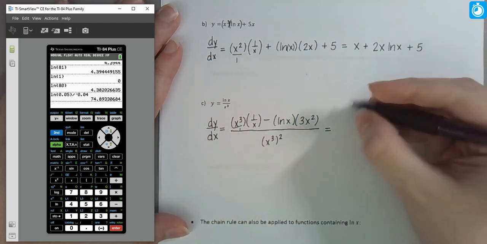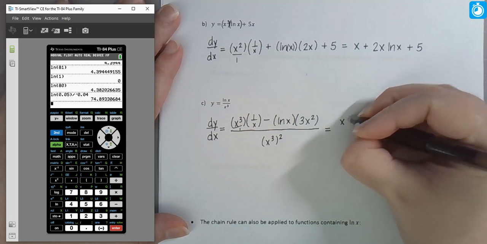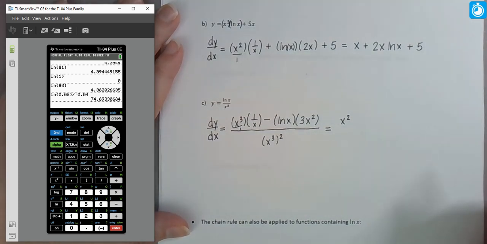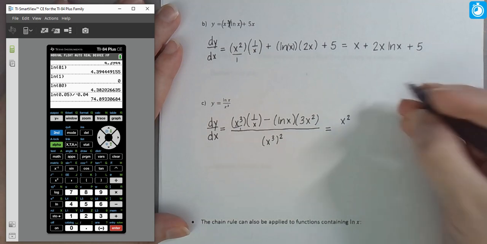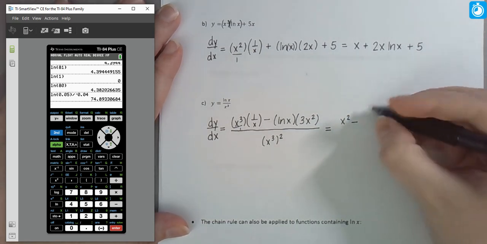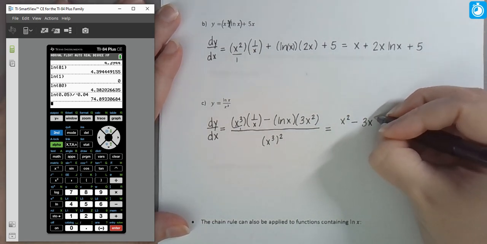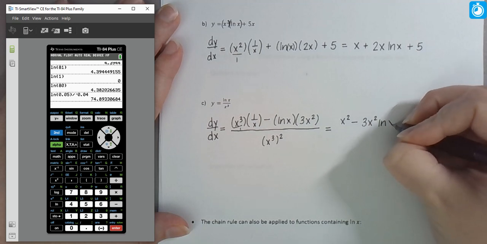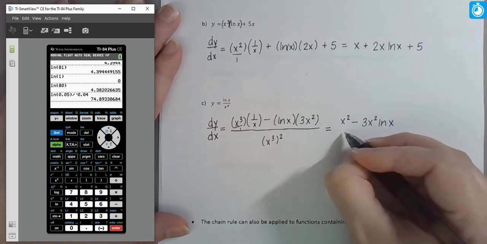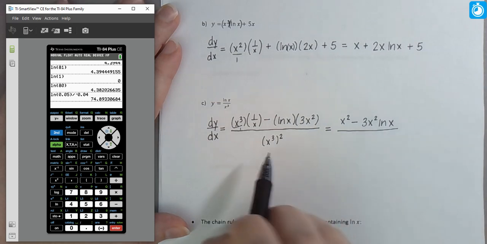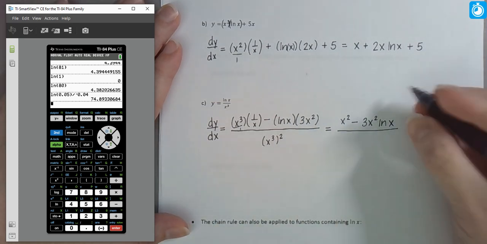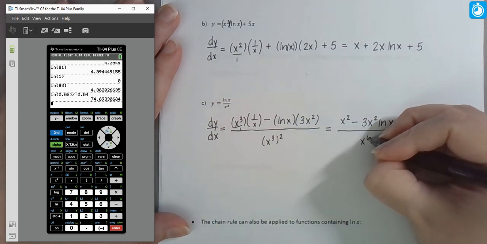That x cancels, leaving us with just an x squared from that term. Minus, rearrange everything, write it in 3x squared times ln x order, and then all of that is divided by x cubed squared, which will be x to the 6th power.